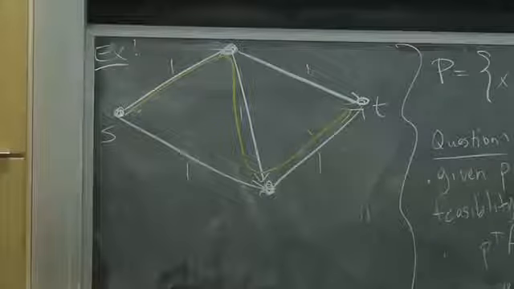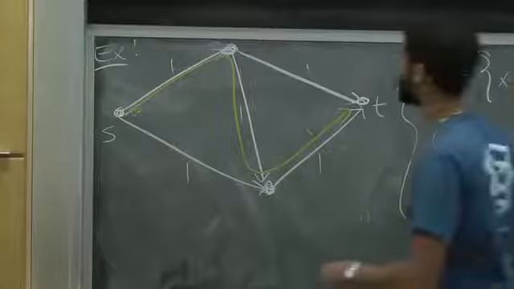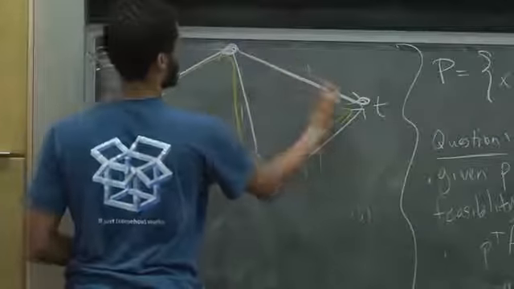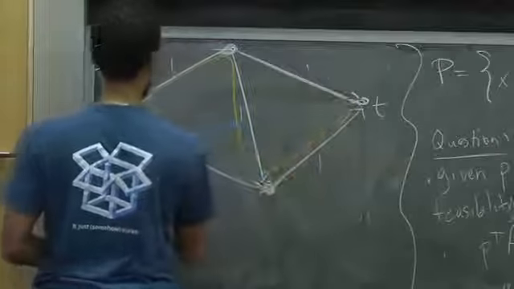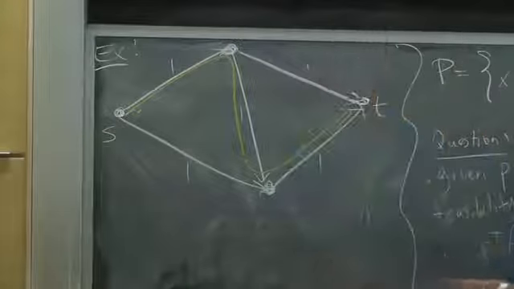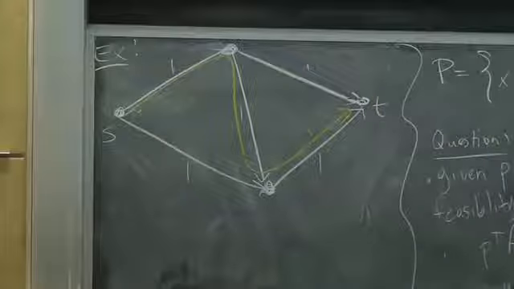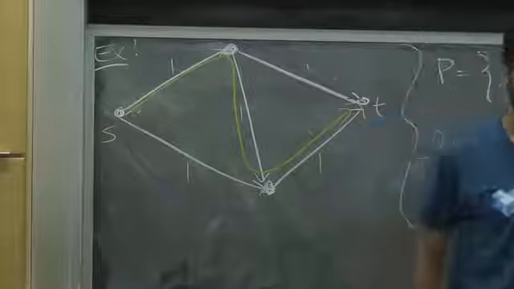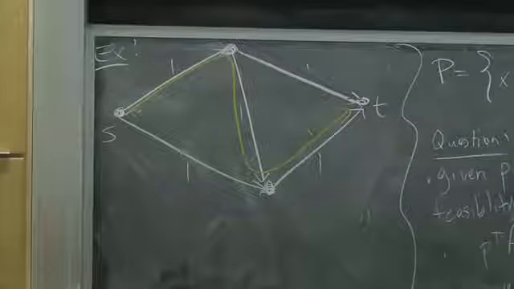Another thing I could do is go this way, send 1 that way, and send 1 that way. Is that purple visible? I feel like it's very dark. So this purple flow has a value of 2, whereas the yellow flow has a value of 1. So if we're trying to maximize the flow, the purple flow would be better.